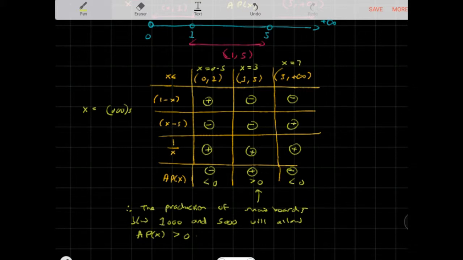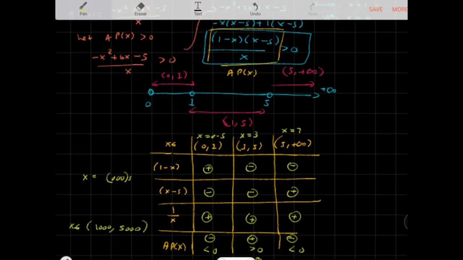It can't be inclusive of 1,000 and 5,000. It has to be x belongs to 1,000 to 5,000 snowboards, so they're non-inclusive. So this is the idea, basically.